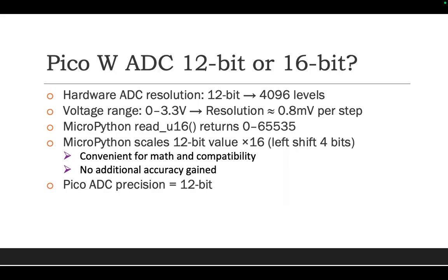Because MicroPython scales the 12-bit value to 16-bit, which means a left shift by 4 bits. The advantage is, first, it is convenient for math and compatibility, and second, there is no additional accuracy gain. So just remember the Pico W ADC precision is just 12-bit, not 16-bit.